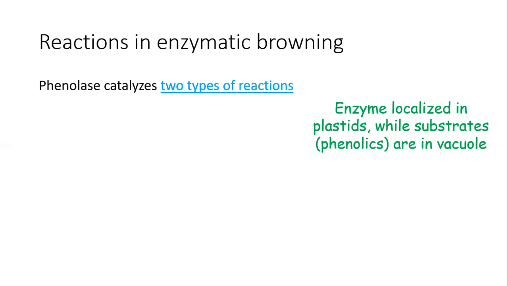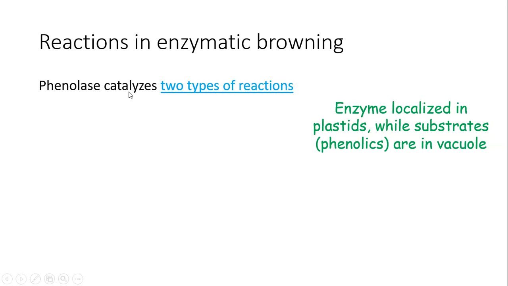In natural conditions, these two components will not meet, but when we perform processing or cutting, abrasion or damage to cells will lead to contact of the enzyme with its substrate, allowing the formation of brown color pigments.